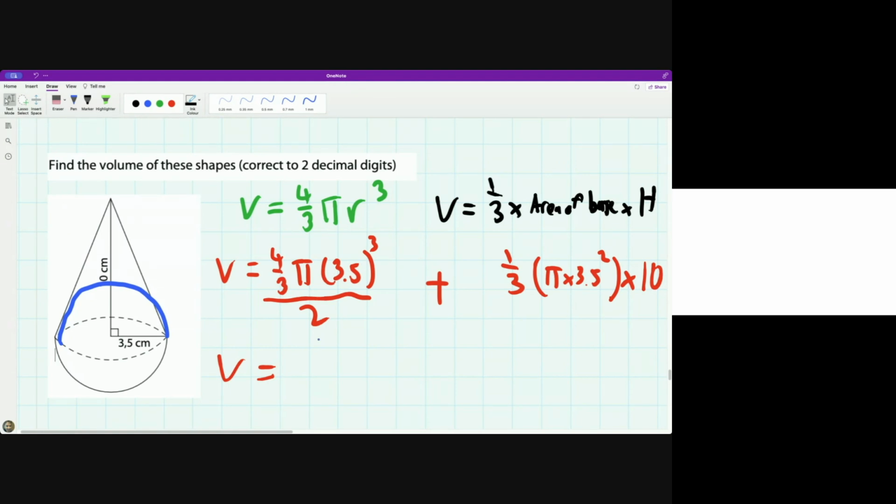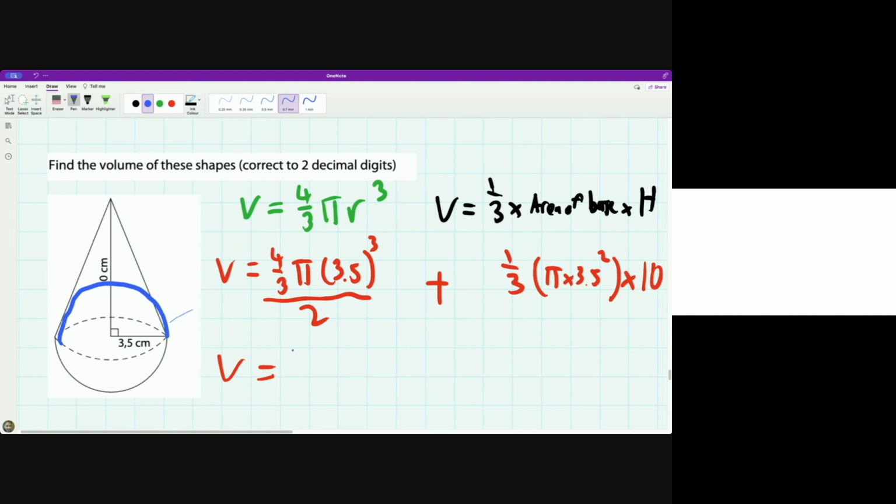I'm making my calculator angry. 4 over 3 times pi times 3.5 cubed divided by 2, and then plus 1 over 3 times pi times 3.5 squared times 10. And what are you getting for your final answer?